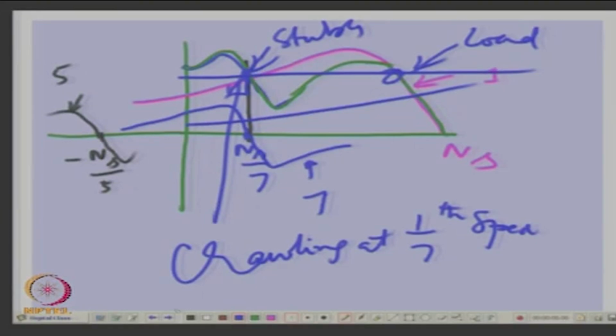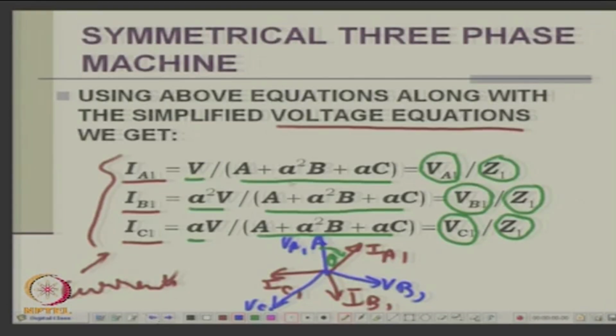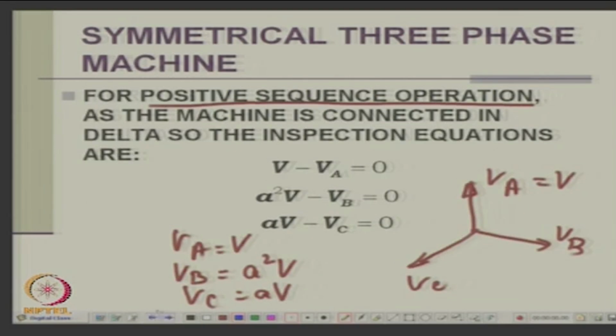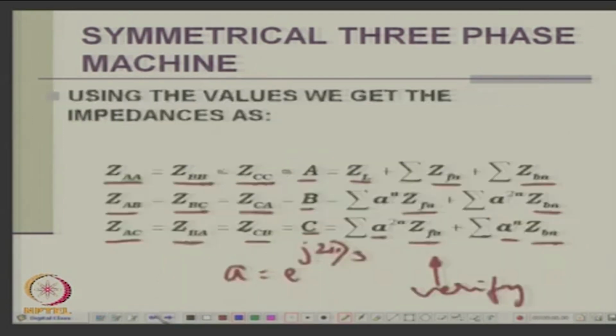Okay. Now therefore, I think you need to see this A plus A square B plus AC, you have to find out. What is that value? I think ZL, A plus A square B plus AC, you substitute here, that is what we are saying is Z1.